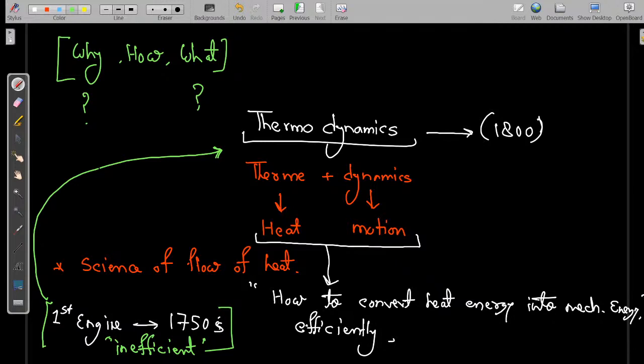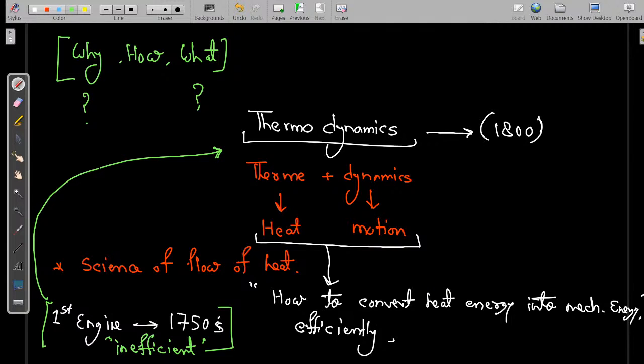But as the subject evolved continuously with time, now almost all aspects of daily life are concerned with thermodynamics. For example, the human body works on the principle of thermodynamics. We consume some energy, we do some work, and some part of the energy is stored inside our body. Our vehicles, automobiles, power plants, refrigerators, air conditioning.